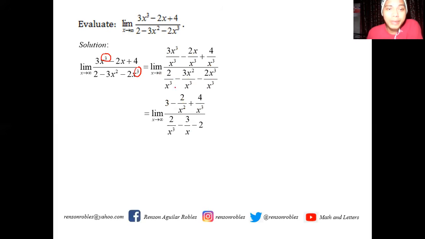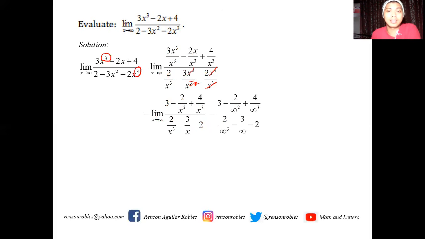On the denominator, we have 2 over x cubed, minus 3x squared over x cubed, so we remove x squared and this becomes 3 over x, and then minus 2x cubed over x cubed, so you cancel this out and you have minus 2 here. And then you can now replace x by a very, very large number.